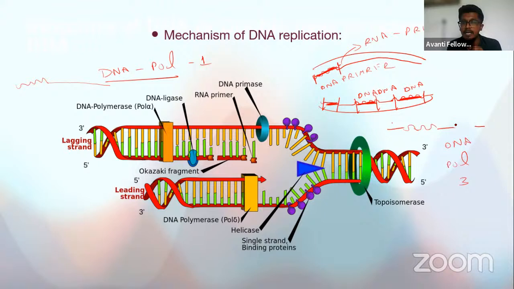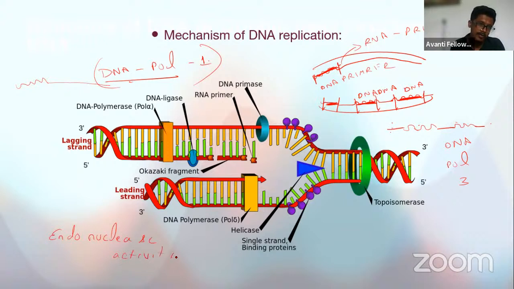DNA pol 3 will come and start synthesizing DNA, RNA, DNA, RNA, DNA like this. Now what will happen? We should not have RNA in our DNA. So DNA polymerase 1 will come. The role of DNA polymerase 1 is endonuclease activity. What is the meaning of endonuclease?